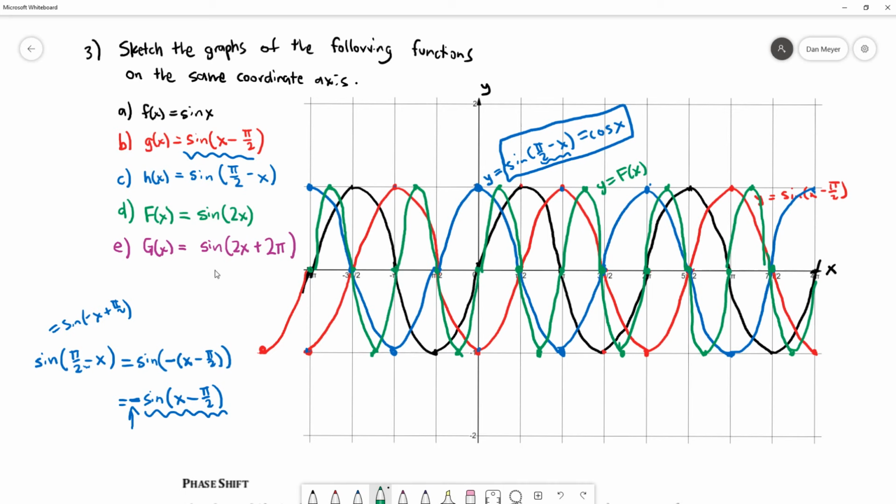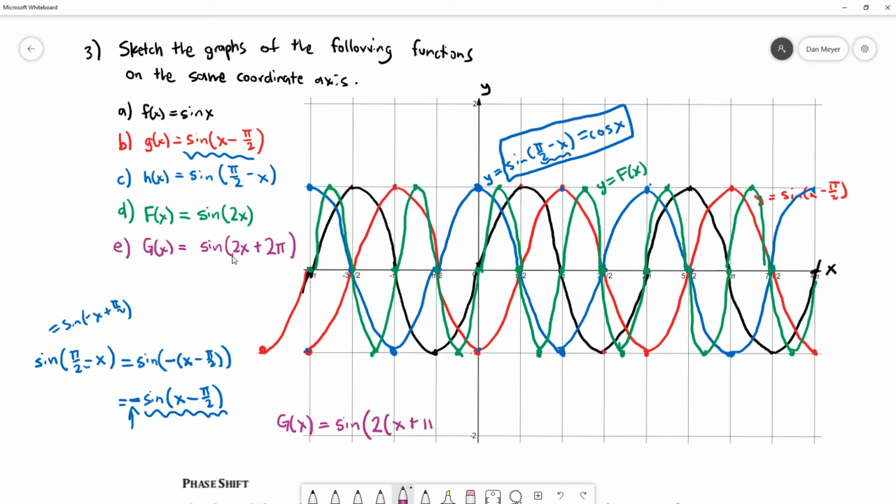All right, now g of x, it might seem tempting to just move everything to pi, but that's not how those inside shifts work. This is one of the parts that makes the graph transformations confusing.